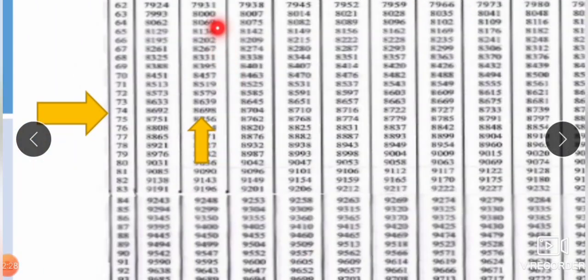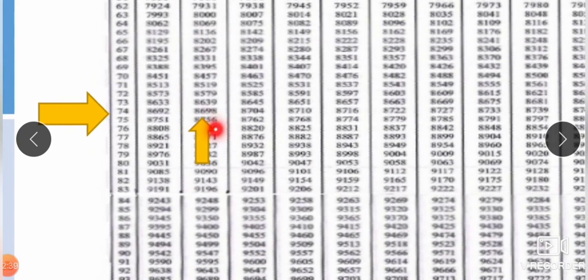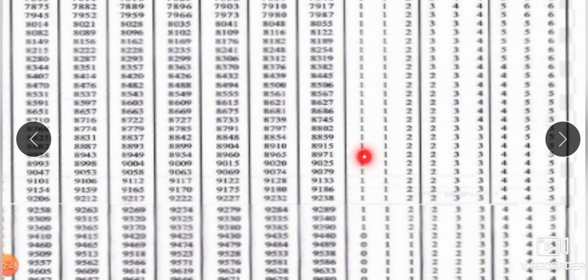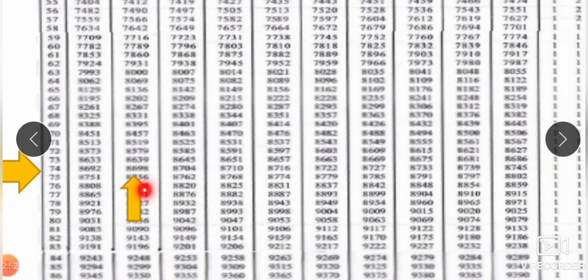See, row of 74, under column 1, the value is 0.8698, and next column 1 to 9 has value 1. Add this 1 to this value 0.8698.